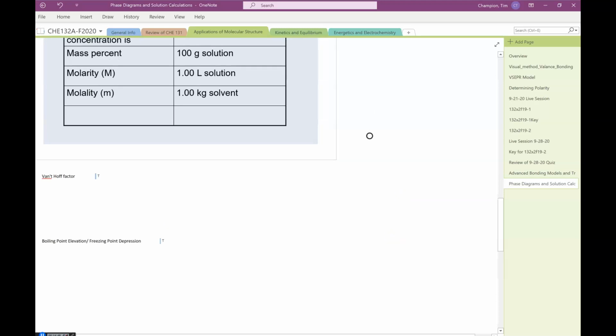Now there is something that we talk about called the Van't Hoff factor. The Van't Hoff factor is the symbol i, and that's the number of particles that dissolve per molecule or formula unit.